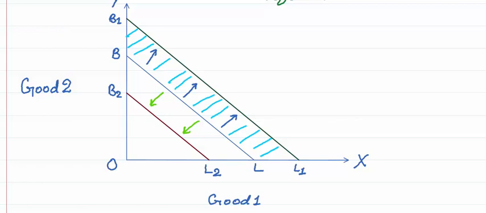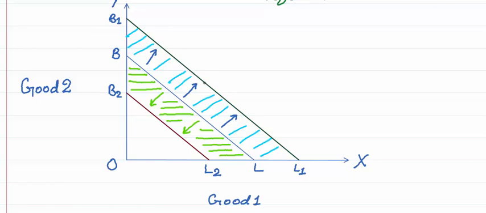Whereas if the income of the consumer decreases, the consumption of both the goods X1 and X2 has decreased relatively. Higher income creates more choices for the consumer, whereas a lower income takes away from the consumer, and hence he can purchase less of both the goods X1 and X2.